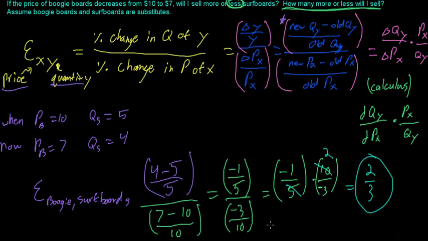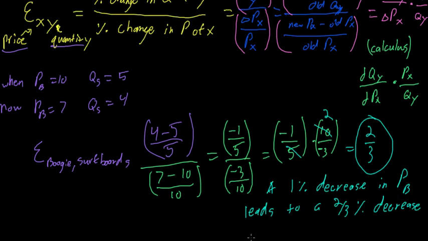So what this means is that a 1% decrease in the price of boogie boards, P sub B, leads to a 2/3% decrease in the quantity of surfboards. So I'll just write Q sub S.